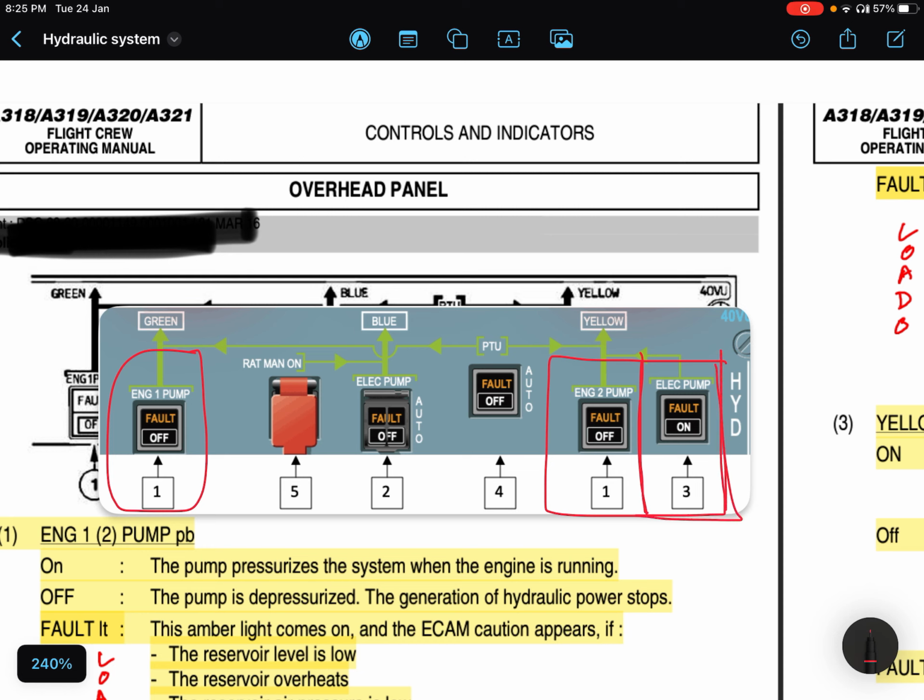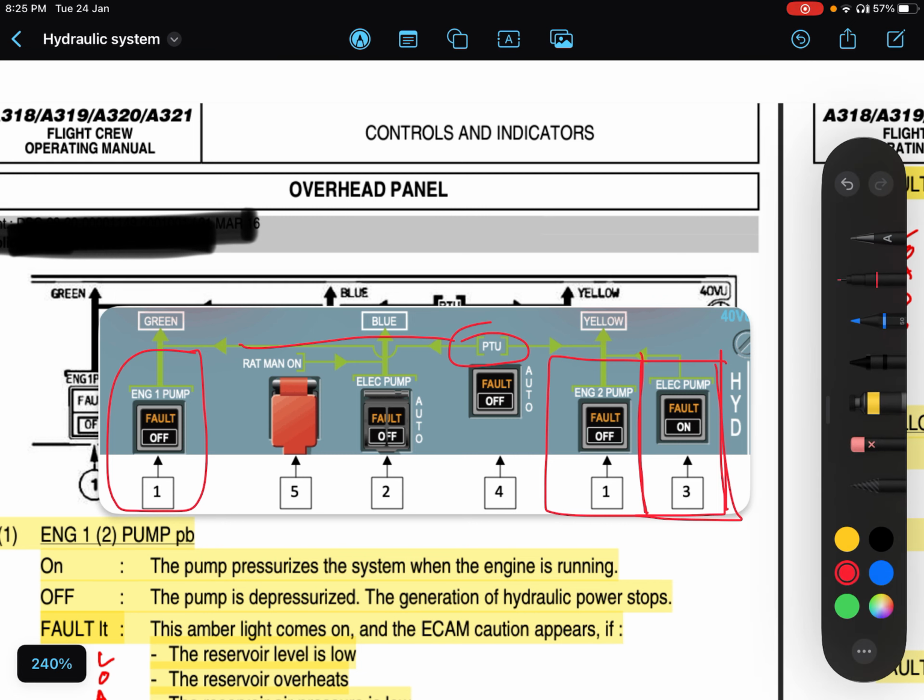This is the one I was talking about. We will switch on this electric pump if we have electrical power. Let's say we have external power or APU or anything. We can switch on this electric pump, and this will pressurize. PTU will help the green system to be pressurized.